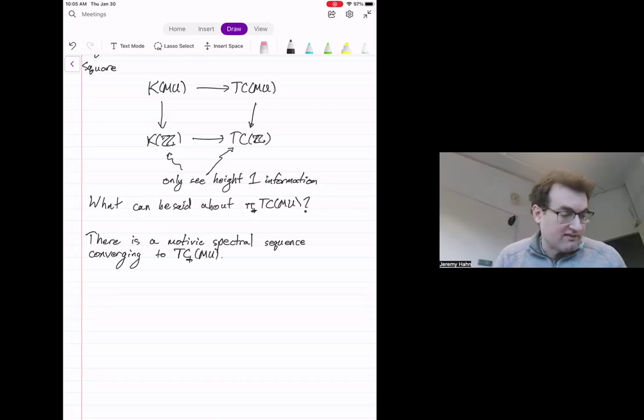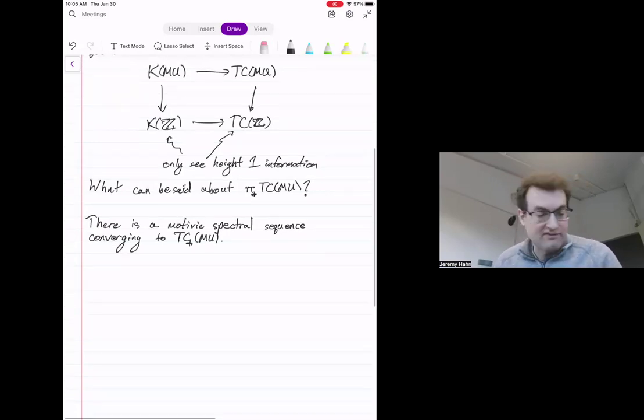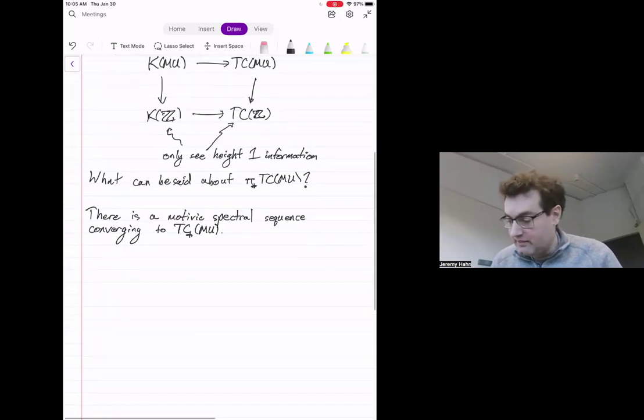And it's some motivic spectral sequence that's being explored in this joint work and building on work with Raksit and Wilson. And what I would like to do today is get as far as possible in describing the E1 page of this spectral sequence.